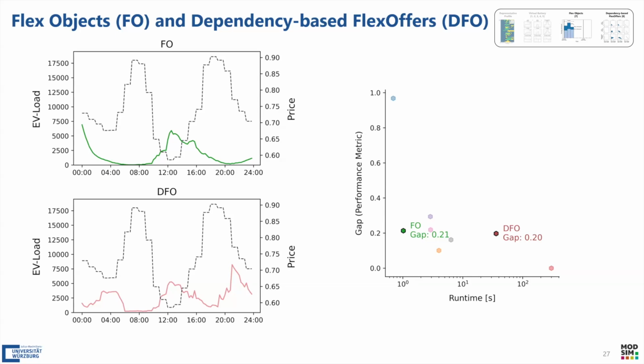However, this is not supposed to mean that the FO approach is simply better than the DFO approach, because you have more modeling freedom with the DFO approach. And it's sort of a happenstance in this case that a lot of the extra flexibility of the DFO approach is not relevant for our real price signal. But if we have a look at the sine wave price signal, for example, we can see that the DFO approach performs significantly better than the FO approach.